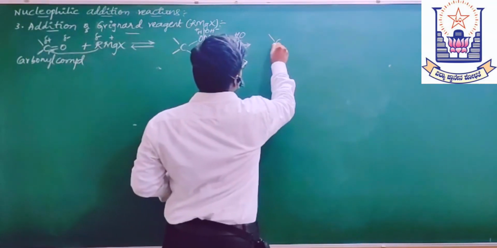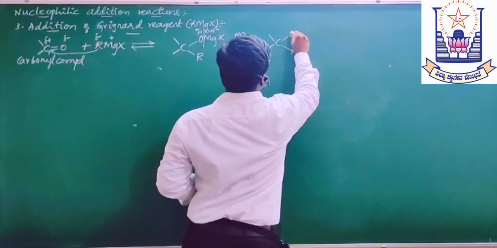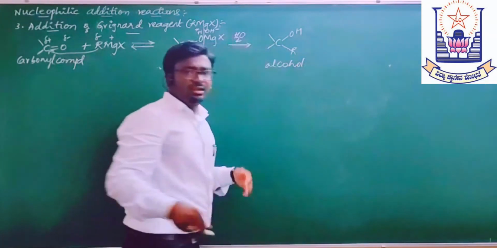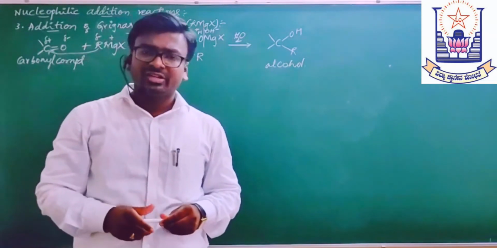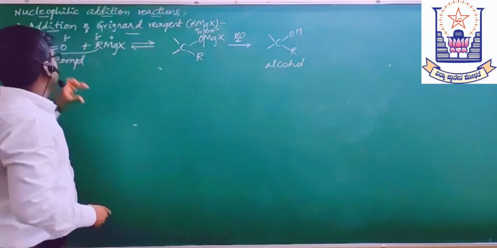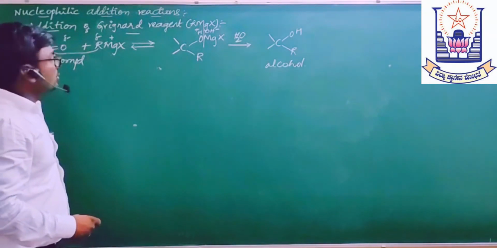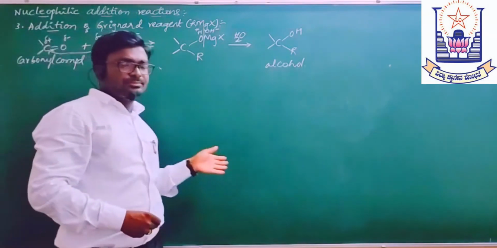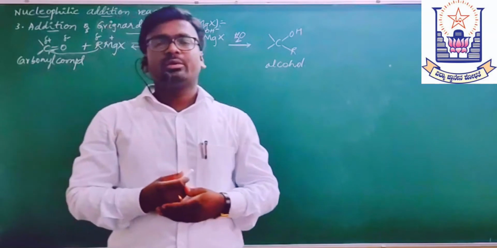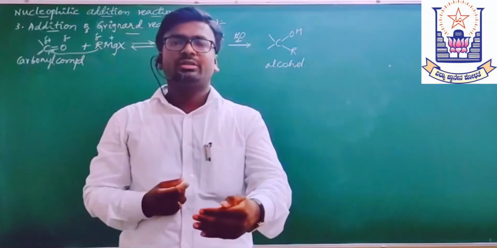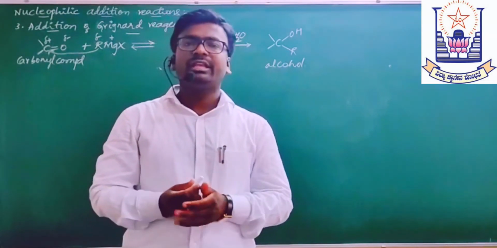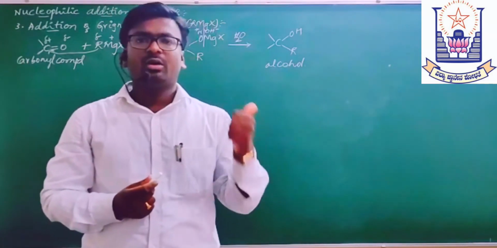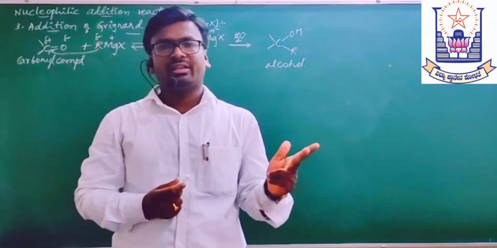You are getting alcohols. Whether it is a primary, secondary or tertiary alcohol depends on what carbonyl compound you take and what this R is. For more examples, you have to refer to the alcohols chapter, where you get the conversion of carbonyl compounds to primary, secondary and tertiary alcohols.